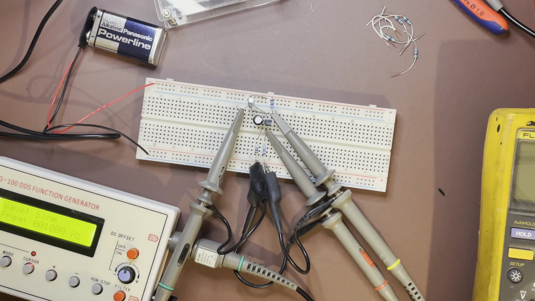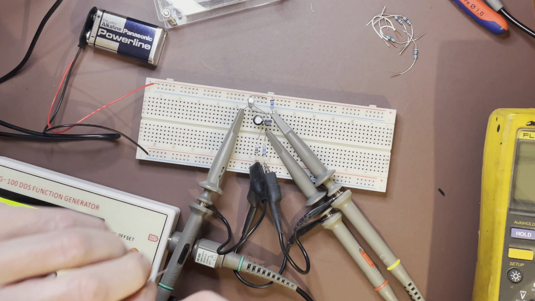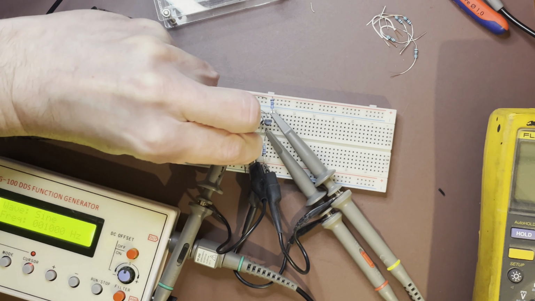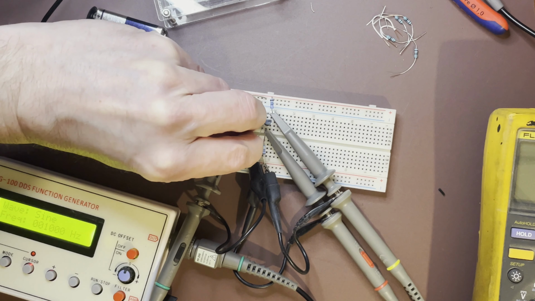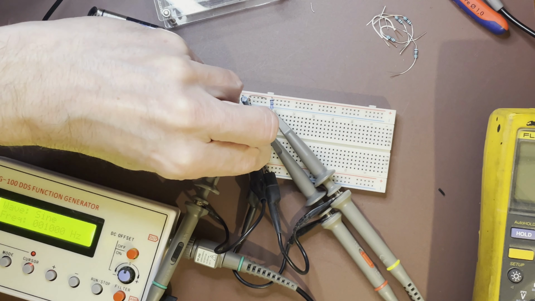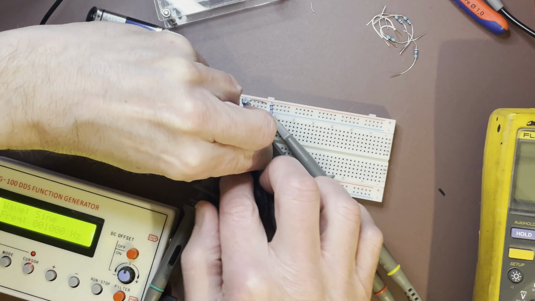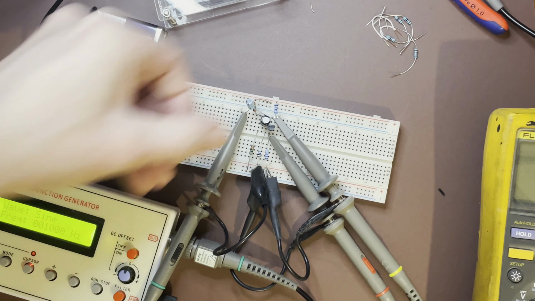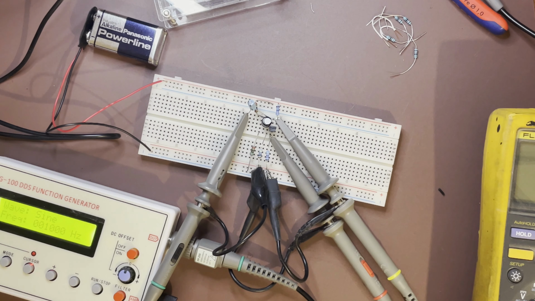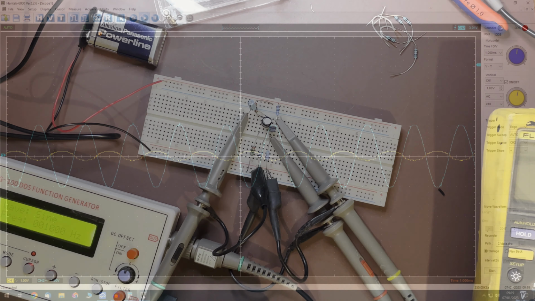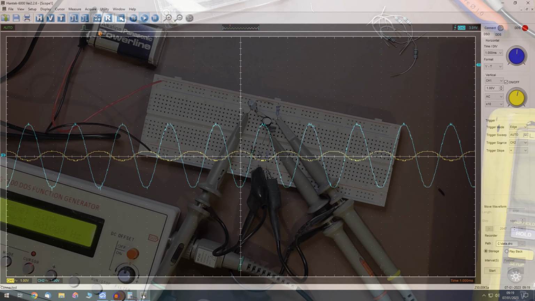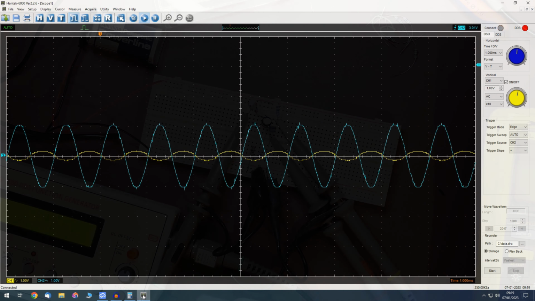And that wants to connect from the other side of the capacitor back to 0 volts. There. Okay, now switch back to the scope. The gain now should be more like 20.